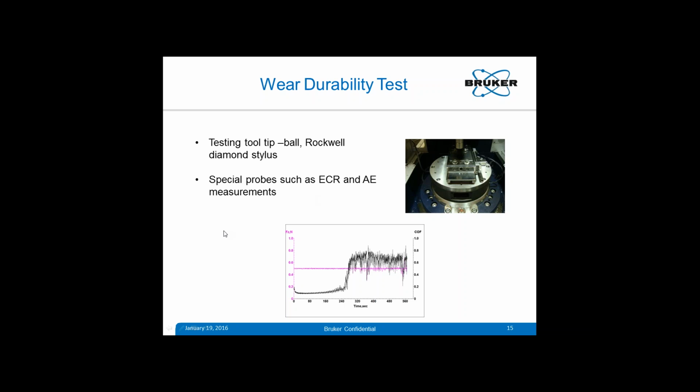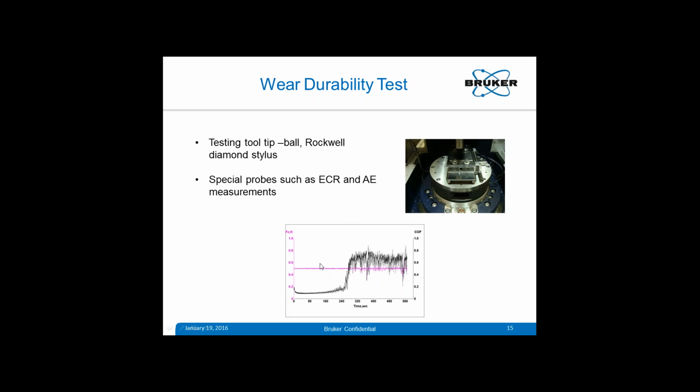This is done by applying a load and moving the tip over the sample in reciprocating motion. Stroke and frequency can be determined by the user, and you measure several parameters including friction force. You can also measure electrical contact resistance, acoustic emissions, and things like that.